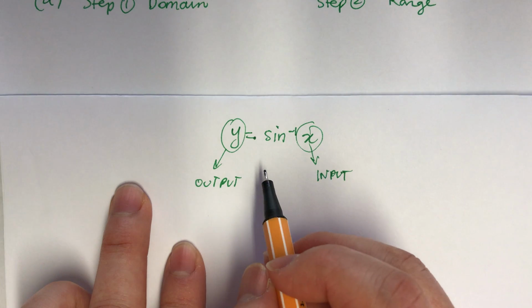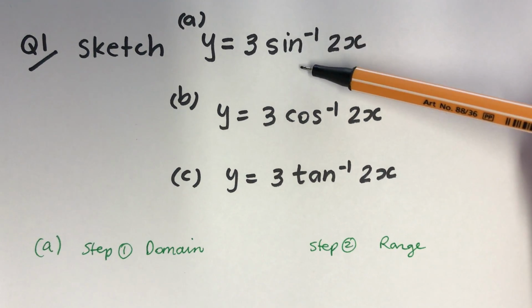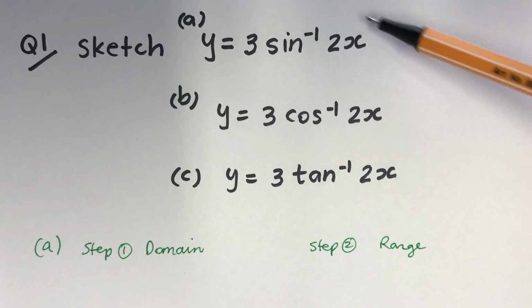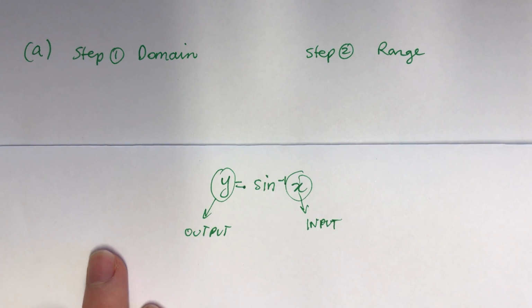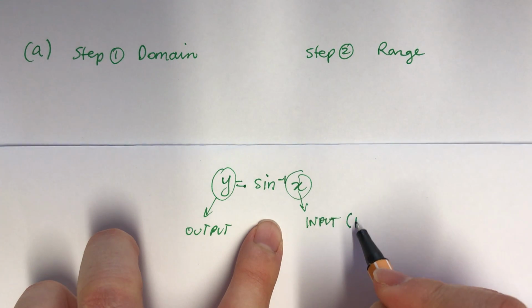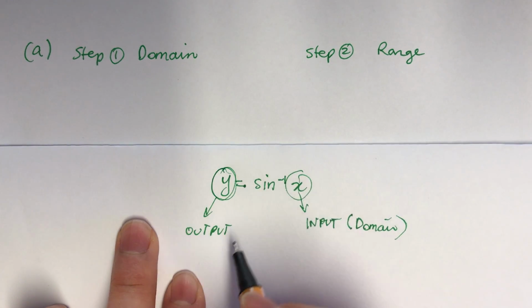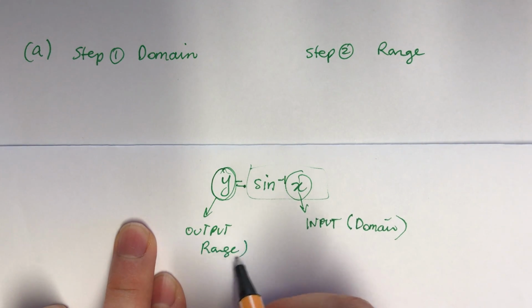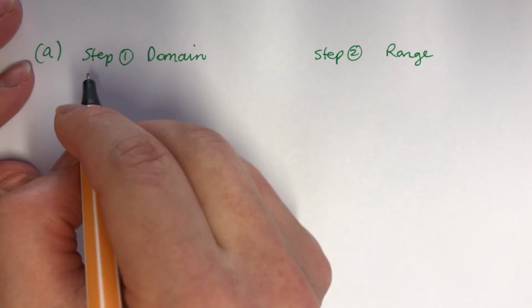Now I have a new input and new output for part A. So what that really means is we are going to use the input for the domain, and the output, which is y, the whole thing really, I'm going to use for my range.